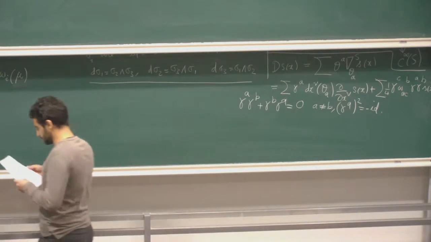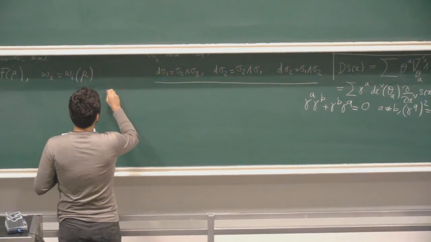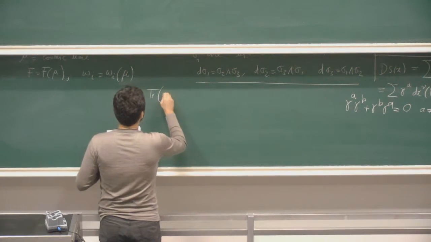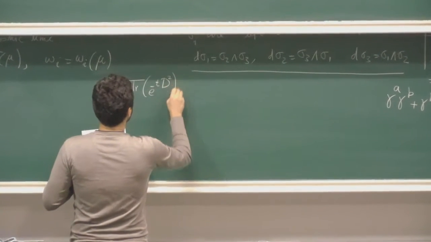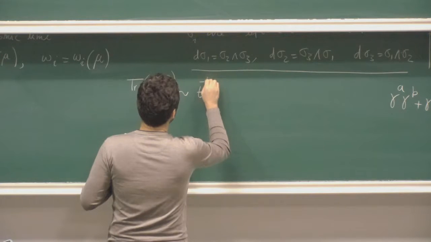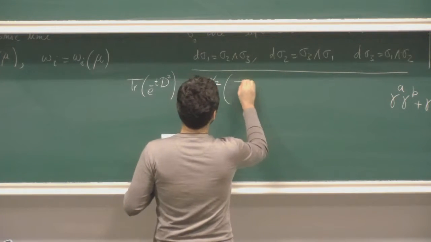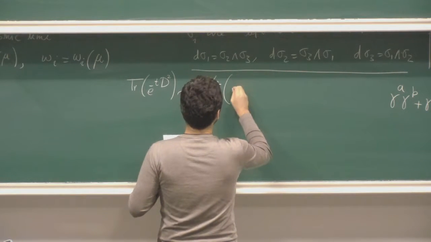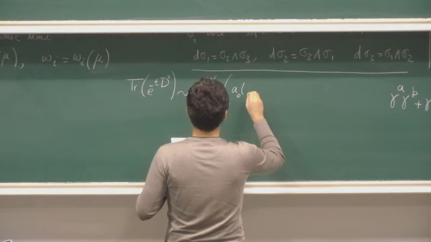Maybe I should squeeze this here. So basically, I'm going to be interested in this A0 of D squared.